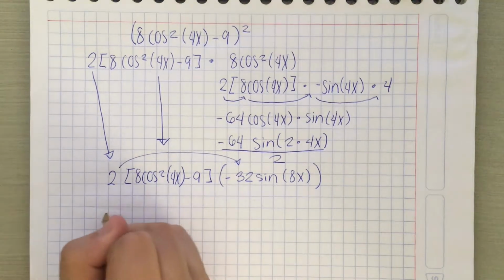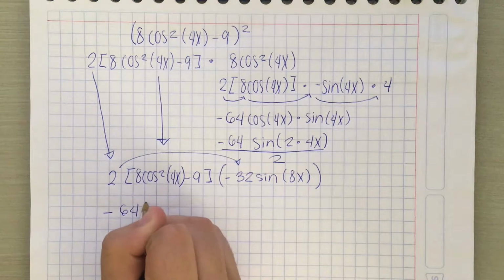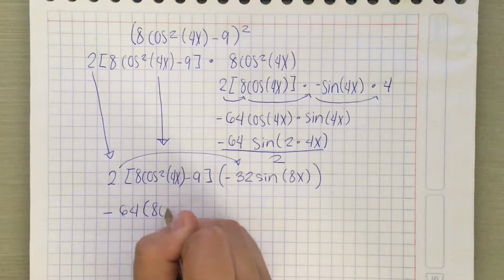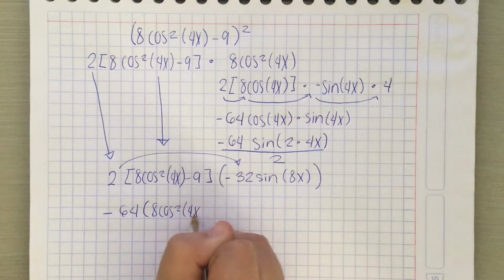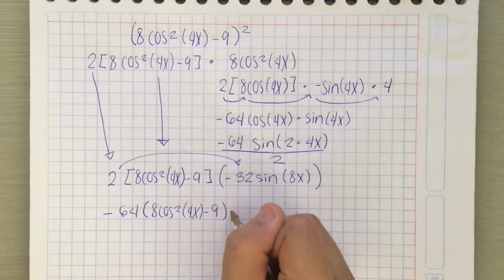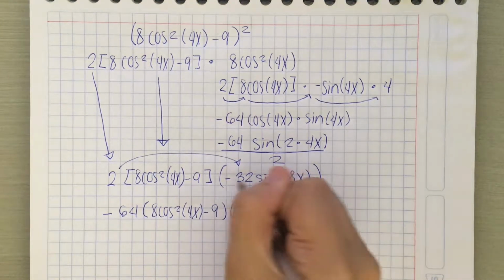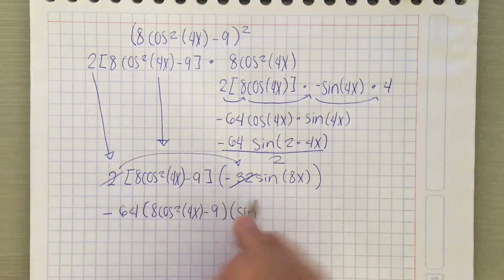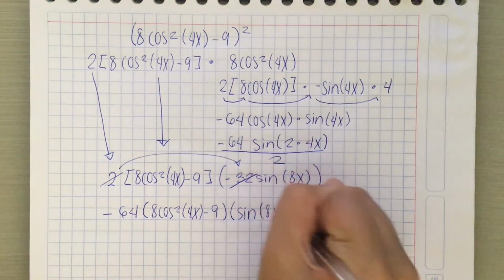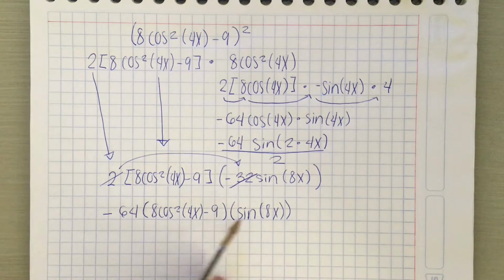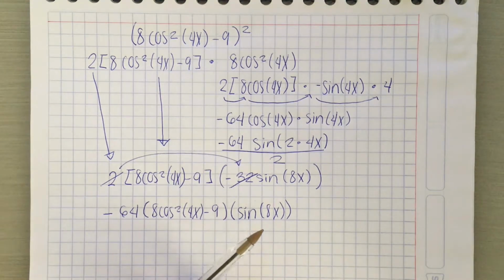That's going to give us negative 64 times 8 cosine squared 4x minus 9 times sine, because this one's multiplied, 8x. And this is the result of our first term.